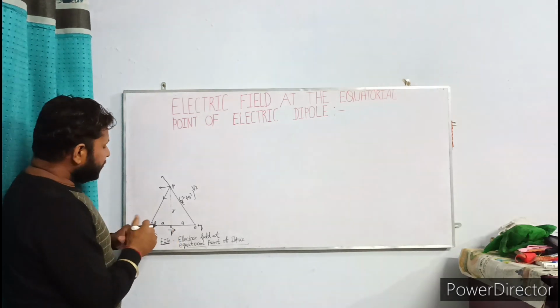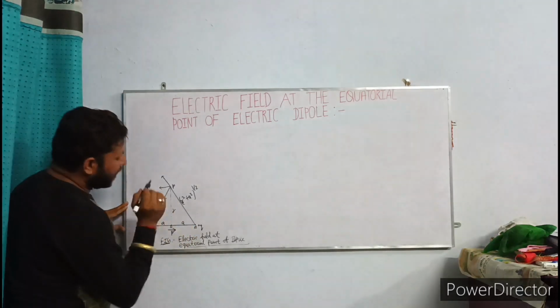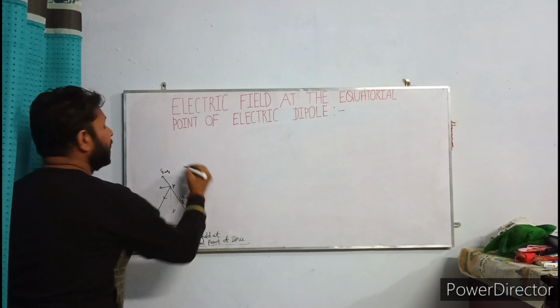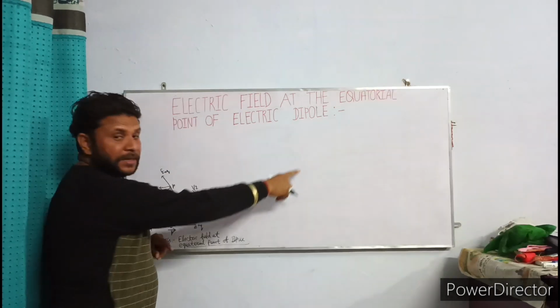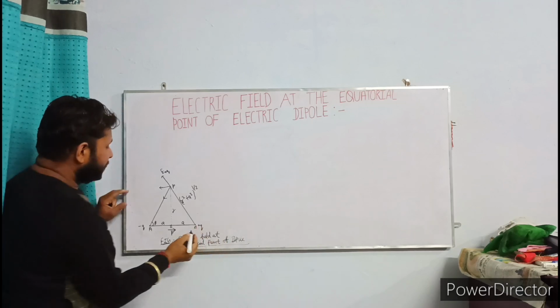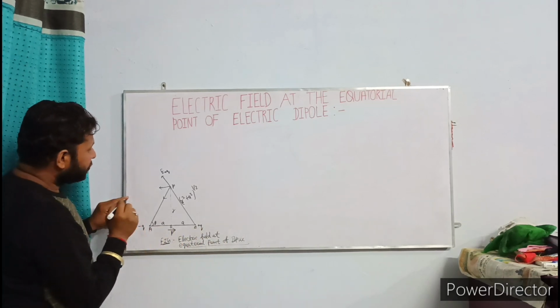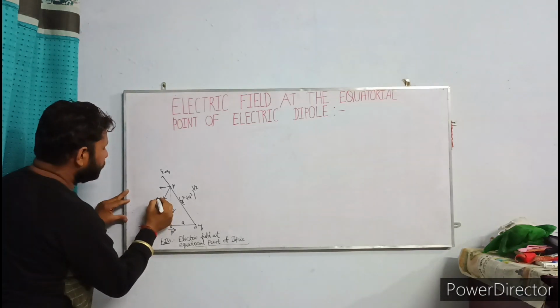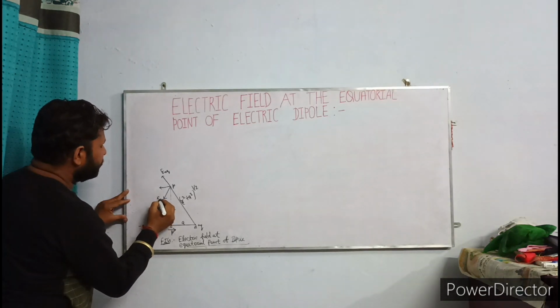Due to the plus Q charge, the electric field is E plus Q, as I have already shown here, and due to this minus Q, the electric field is E minus Q.